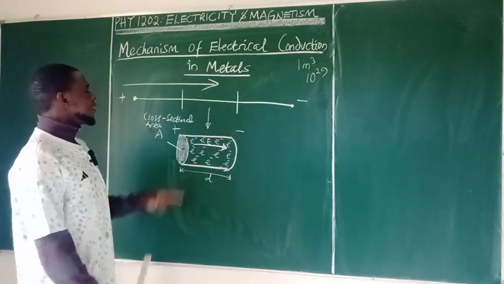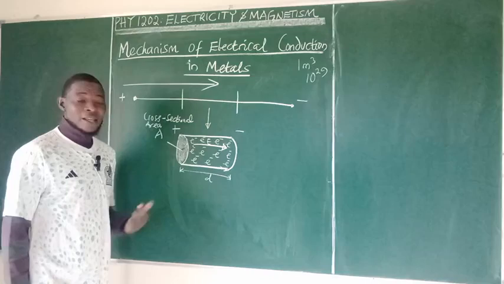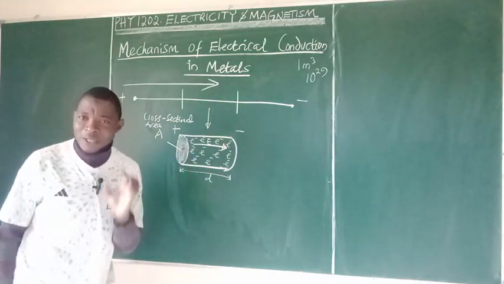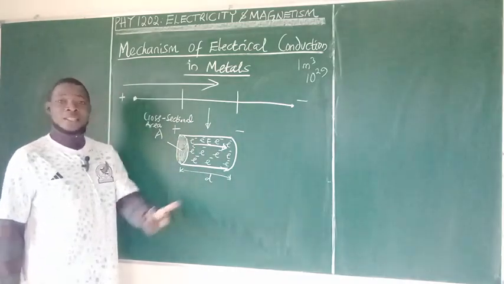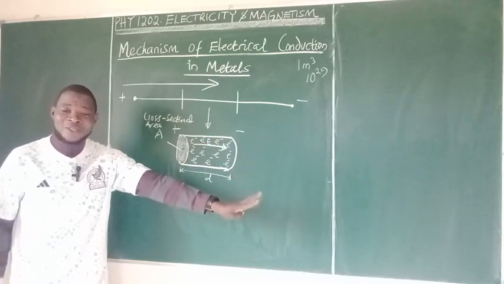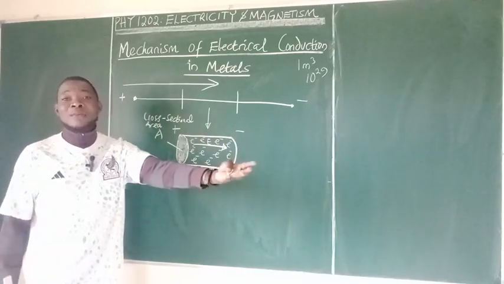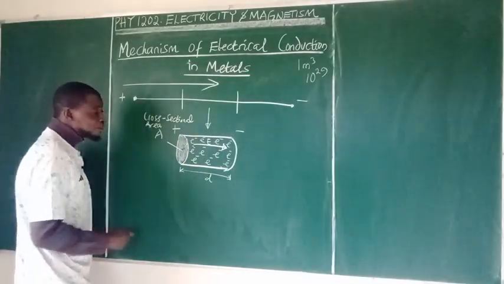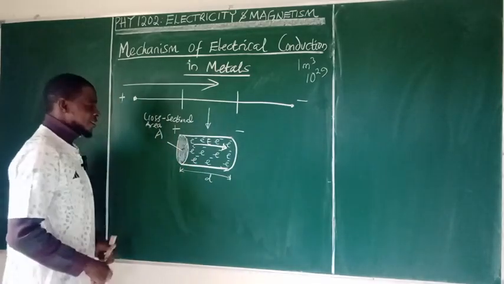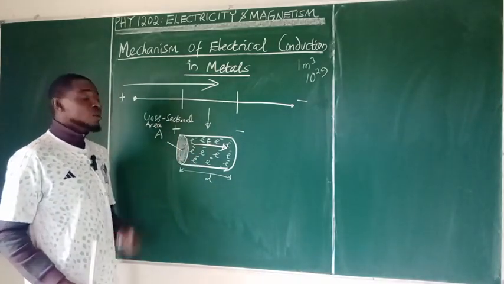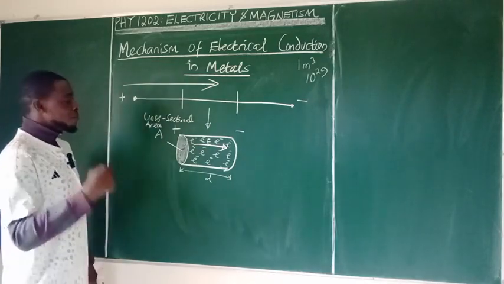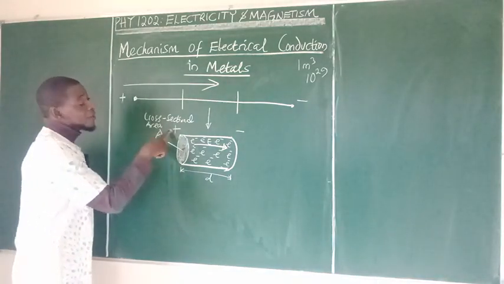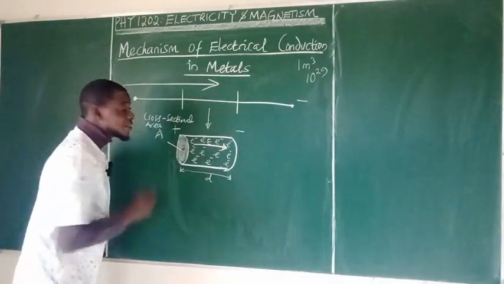Now, the electrons inside, remember we are considering only the free electrons, because only free electrons generate current in the metals, not the bound electrons, not those that participate in chemical bonding. Now let me ask, in which direction do you think the electrons will move? They will move in the direction of the positive terminal. This is because electrons are negatively charged.